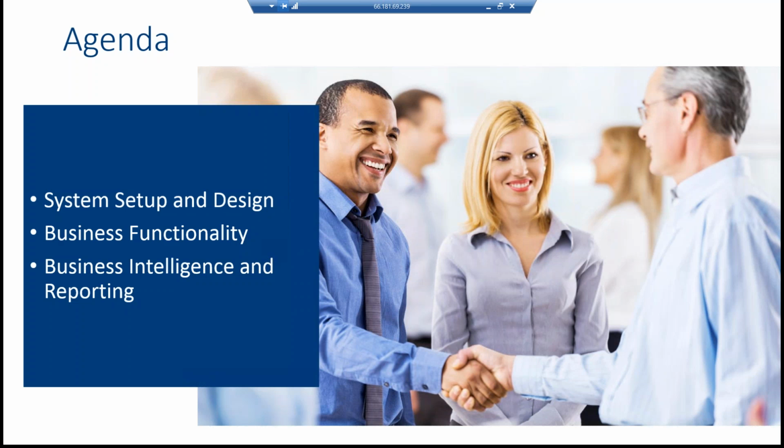So I've broken down the agenda and these tips into really three categories. One is system setup and design. One is business functionality. So rather than saying these are general ledger, these are accounts payable, these are inventory, I really decided to just take a different approach and just put everything that is a functional tip under that category.